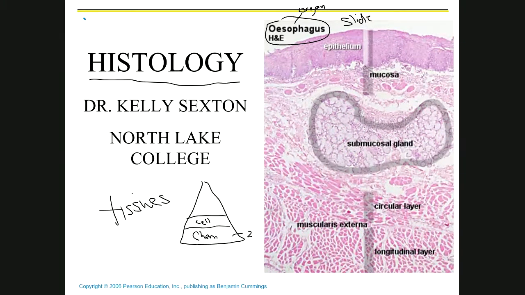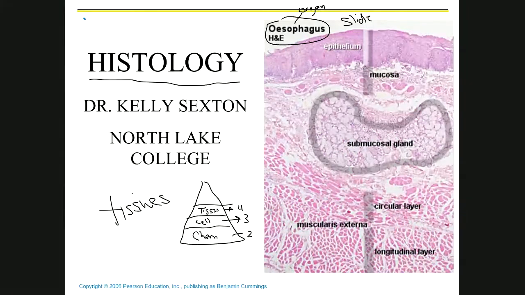This is chapter 3 in the book, and we're also going to skip that as well. You spent a whole lot of time in general biology talking about cells, so we're not going to cover that. It doesn't mean that you shouldn't understand it and remember it. You should. But the next level up is the tissue level, and that's what we're going to be starting to talk about today. And that is chapter 4 in the textbook.